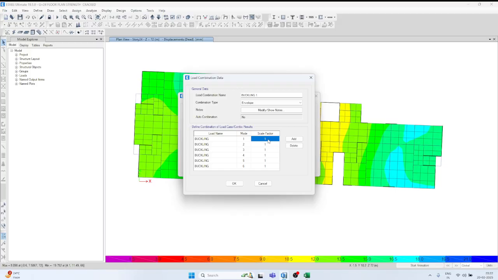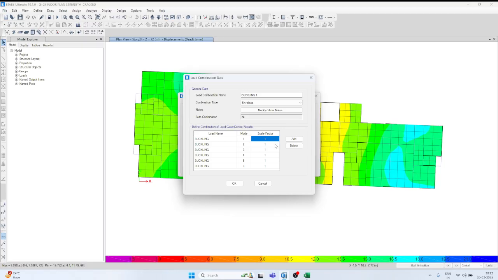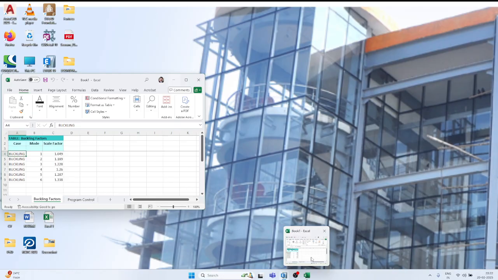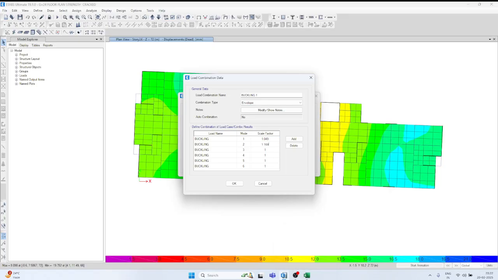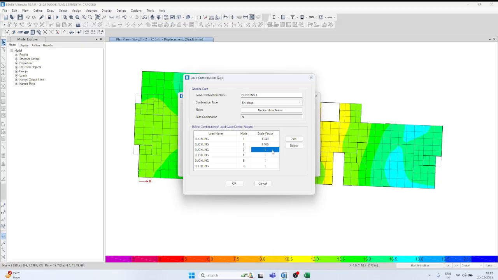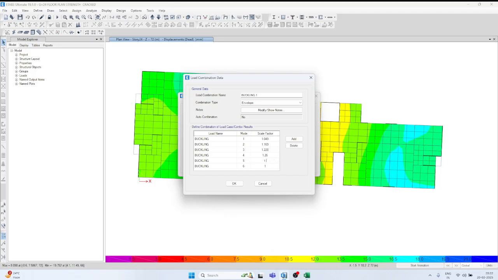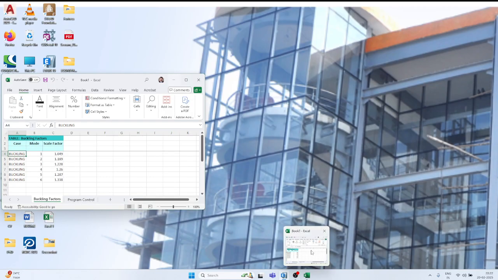And what are the scale factors? See in Excel. Mode 1 is 1.049, so just 1.049. Second one is 1.169, third one is 1.228, fourth one is 1.26, fifth one is 1.287, and sixth one is 1.338.